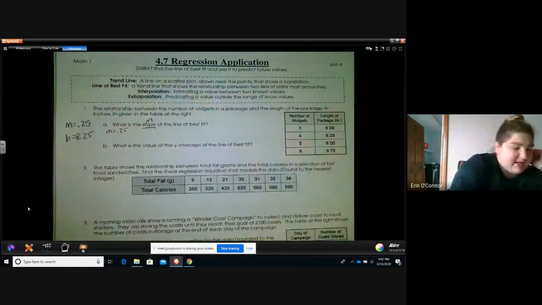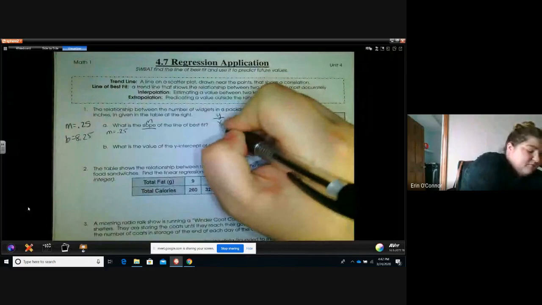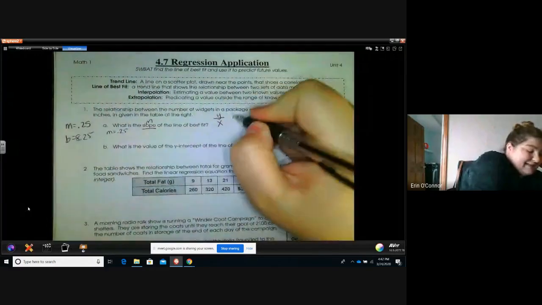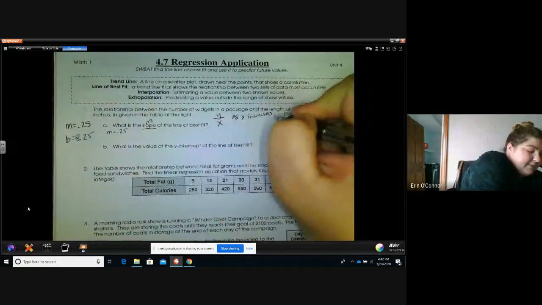What does this mean in context? Remember, slope is y over x, and we write this as: as x increases, what does y do?